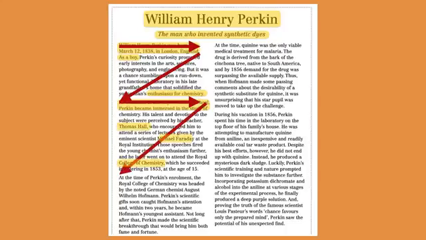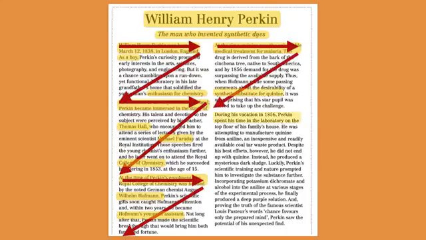You read the topic sentence and then quickly scan for keywords. Here I've pulled out some names of people, the name of a college. Read the first sentence, the topic sentence, scan for keywords. Read the topic sentence, scan for keywords, read the topic sentence, scan for keywords.